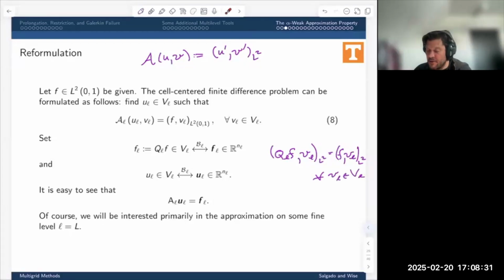So I can either use f, its original self, which is an L2 function, or I can use its representation or its projection into the space V_L. That's what we call Q_L f. I could replace f with that object there. Now, that object is a finite dimensional function, right?